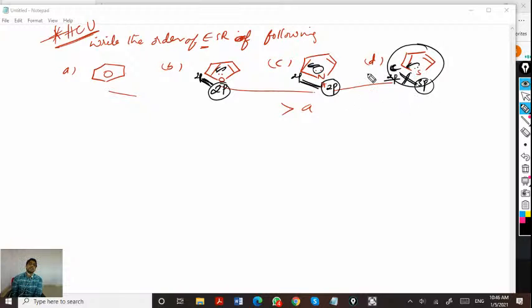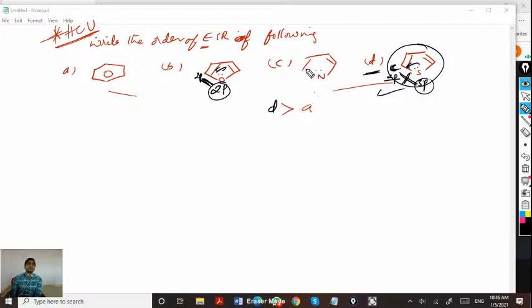So that's why thiophene is going to be less electron rich, so it will react less when compared to the other two. This is the concept between 2p and 3p. So we eliminated this one.